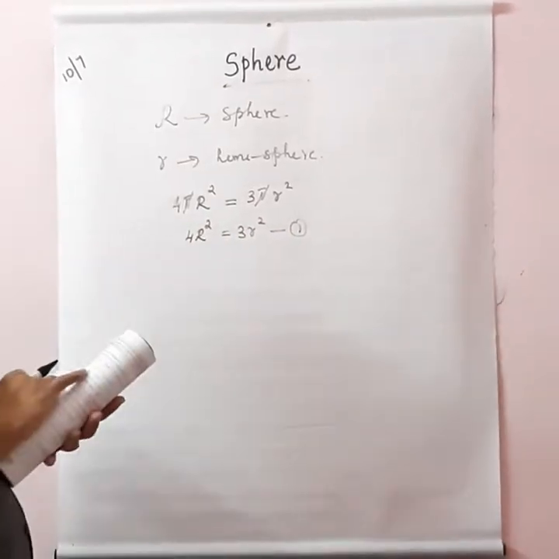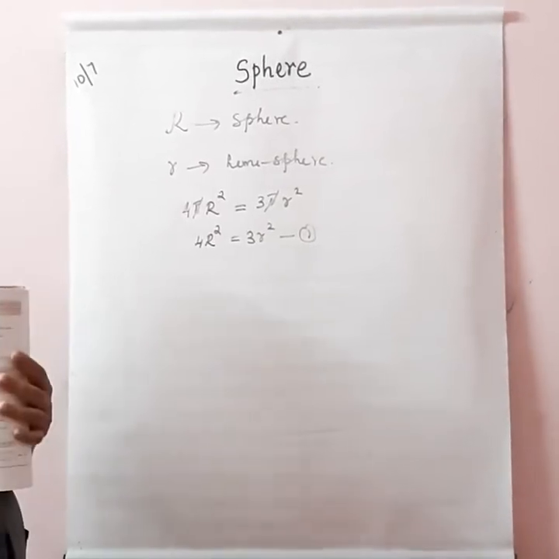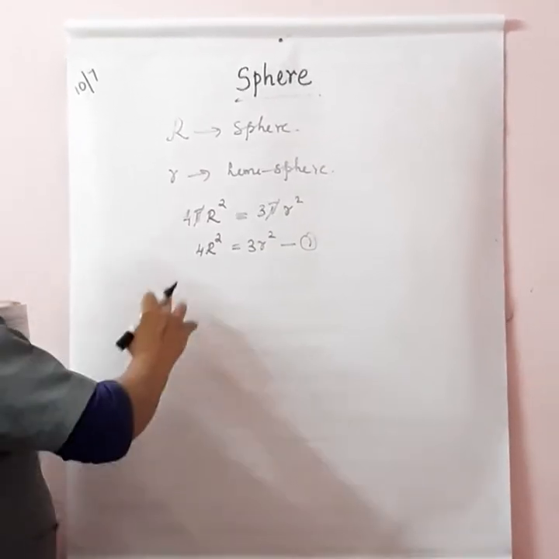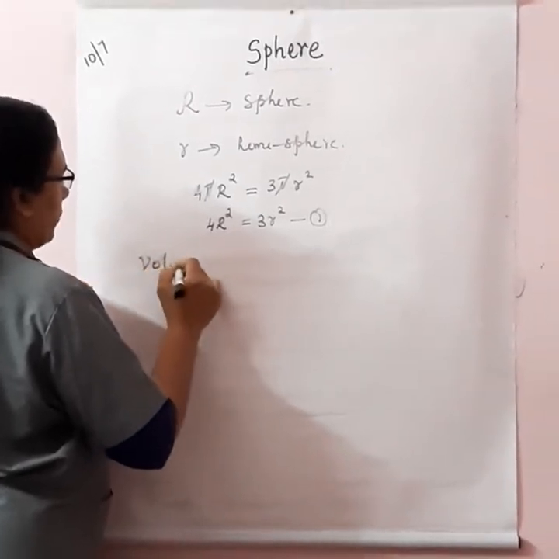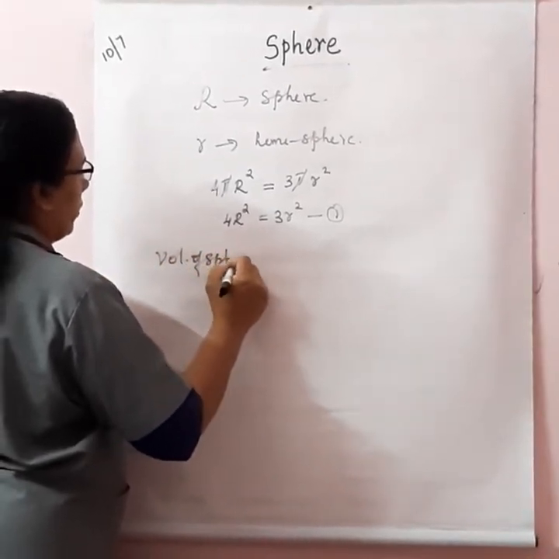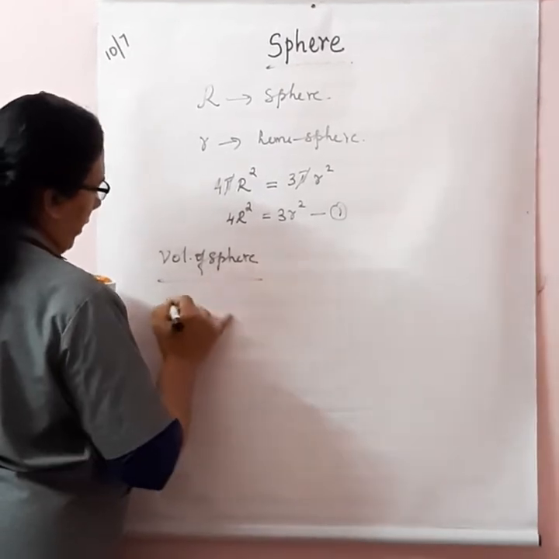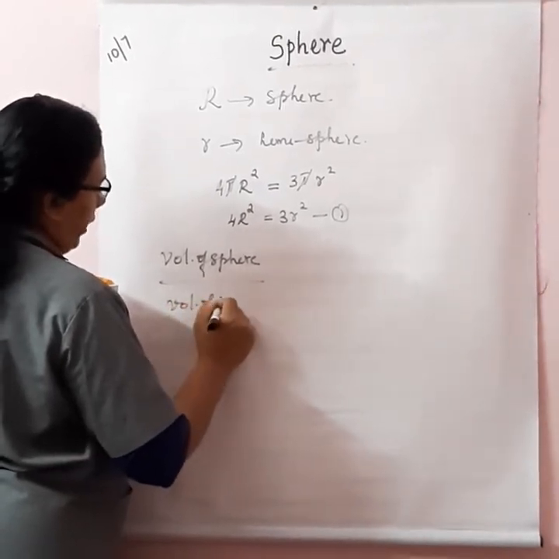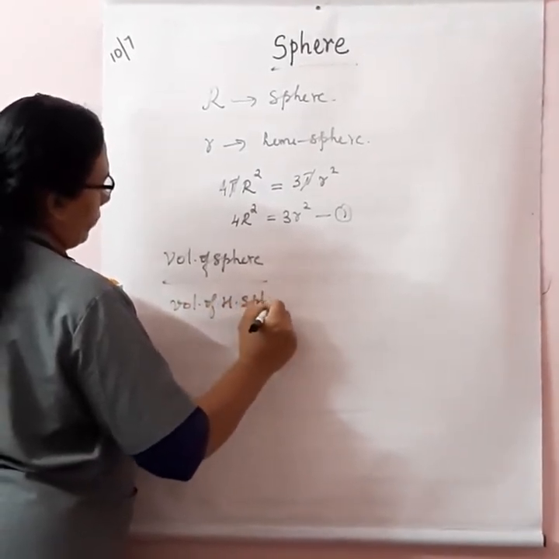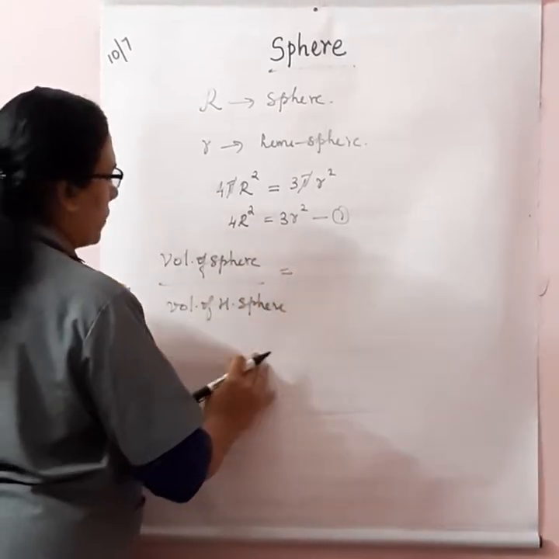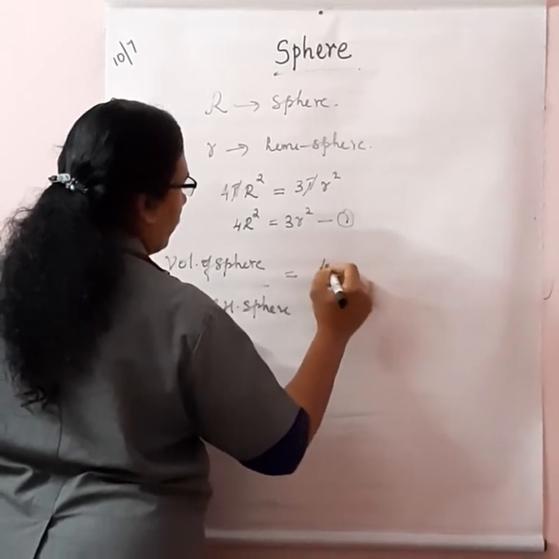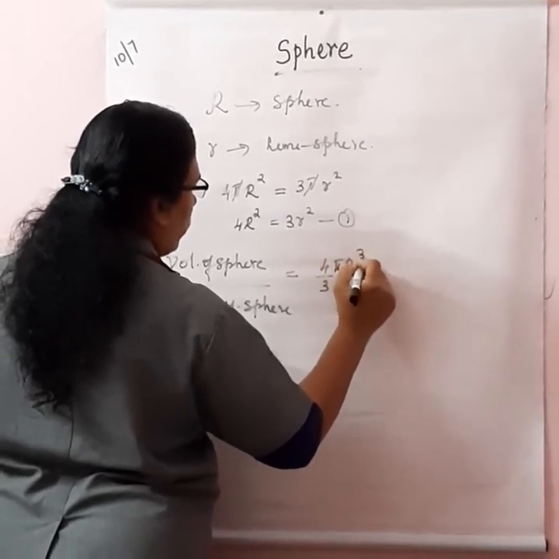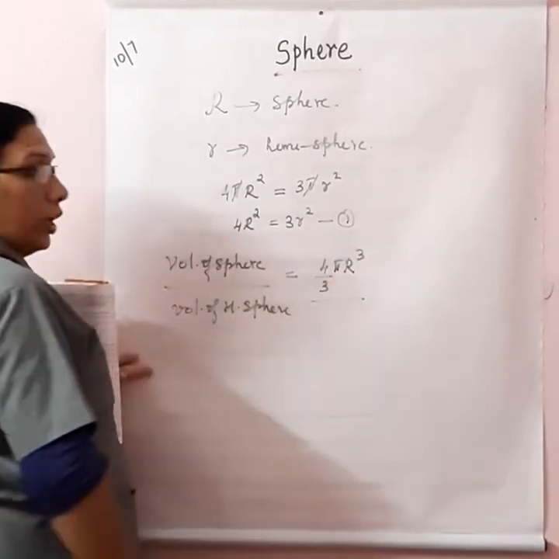Now what is asked? Find the ratio between your volumes. Now what is the volume of the sphere? Ratio between the volume of the sphere and volume of hemisphere. What is the volume of the sphere? It is 4 by 3 pi capital R cube divided by, what is volume of hemisphere?